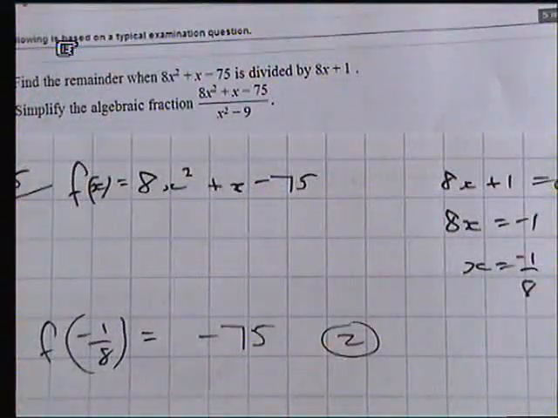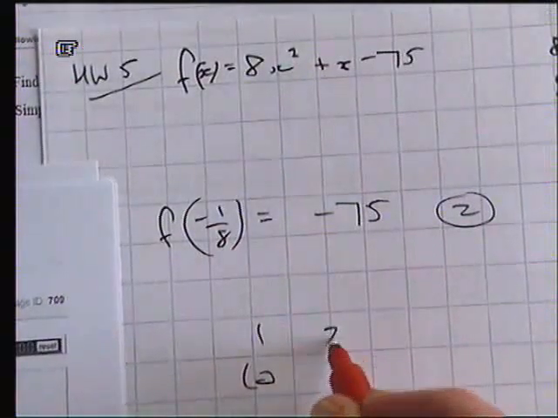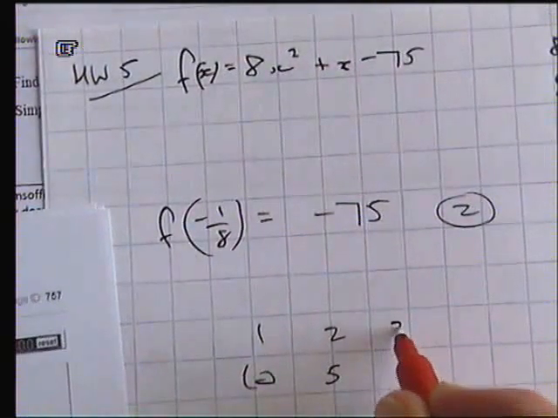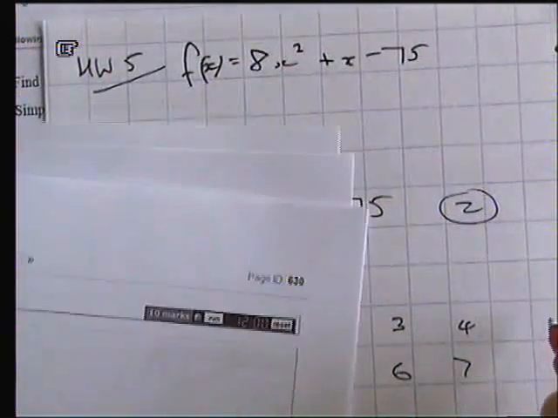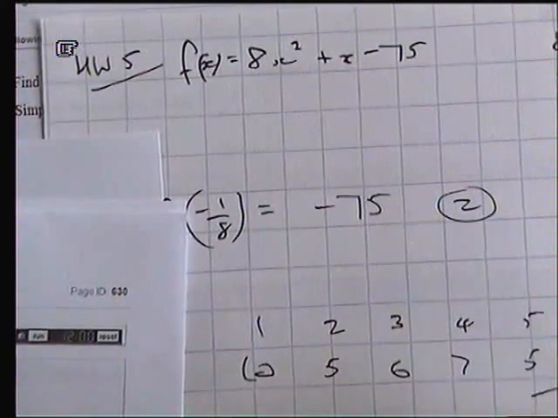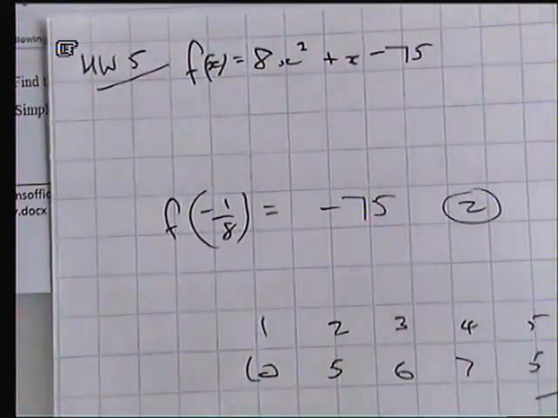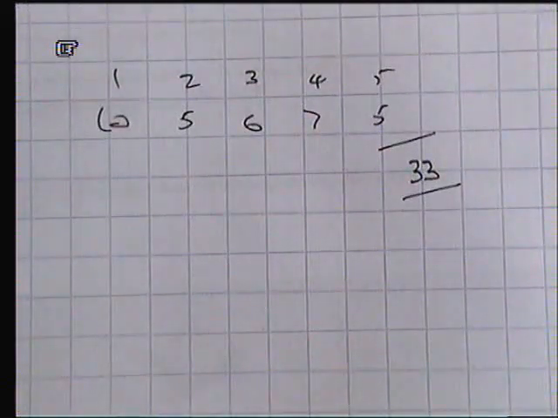So we had question 1 was out of 10. Question 2 was out of 5. Then it was out of 6. Then it was out of 7. Then it was out of 5, which I reckon is 33. So there are the marks. Okay, I think it's out of 33.